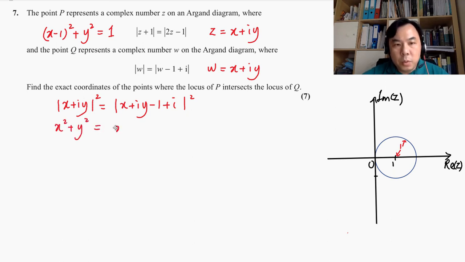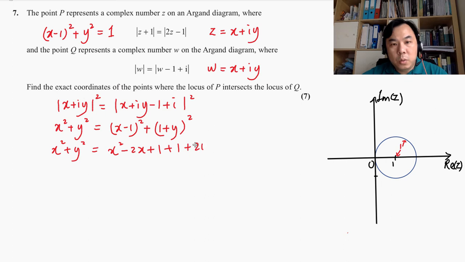And then for this one, we will get (x minus 1) squared plus (1 plus y) squared. And then if you simplify this, you will get x squared minus 2x plus 1 plus 1 plus 2y, and then plus a y squared here.